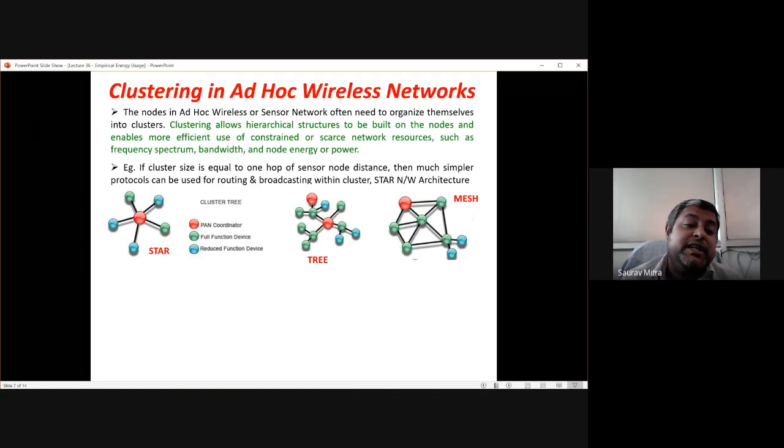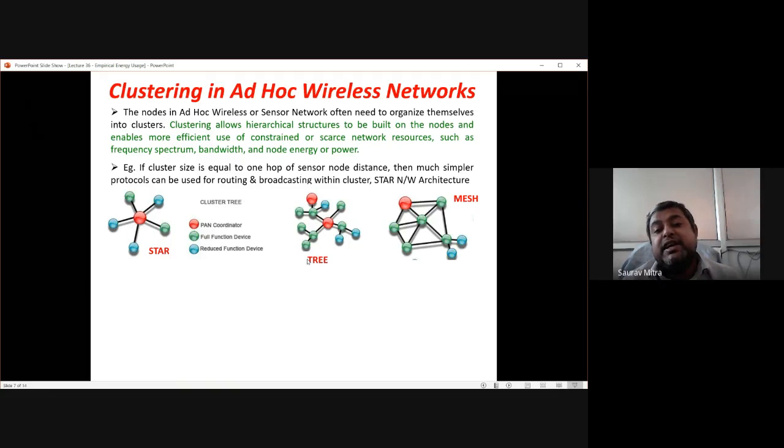Tier 1 is the pan coordinator, that is the highest. Tier 2 is fully functional devices, the green nodes. And tier 3 is reduced functional devices, the blue nodes. All these define different hierarchy, for reducing the power consumption and for better controlling.